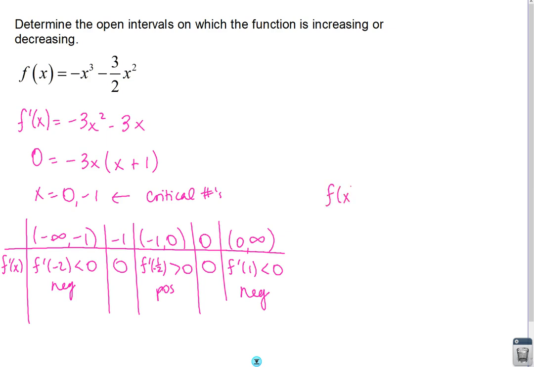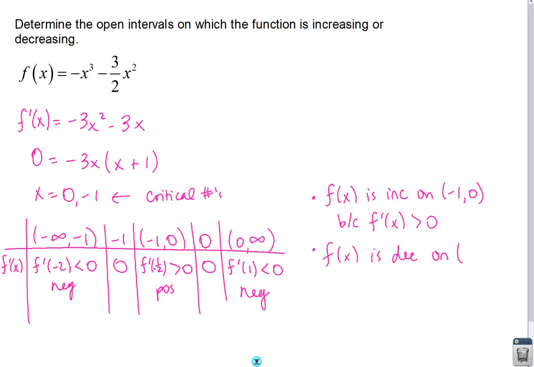So f of x is increasing wherever my derivative was positive, and that's going to be from -1 to 0, because f prime of x is positive, and then f of x is decreasing on 2 intervals.